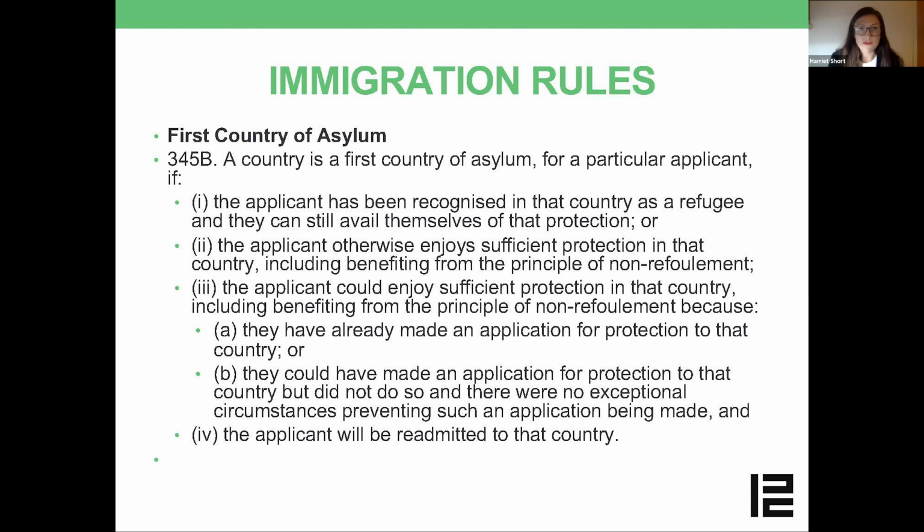Going over now to 345B, that defines first country of asylum, and either a person is recognised as a refugee or other type of protection, or they have made an application for asylum, or they could have, but there were no exceptional circumstances. And I just want to draw your attention now to 345 Roman 4. The applicant will be readmitted. I'll talk a bit more about that in a second.